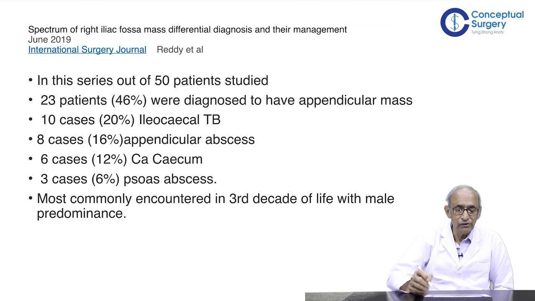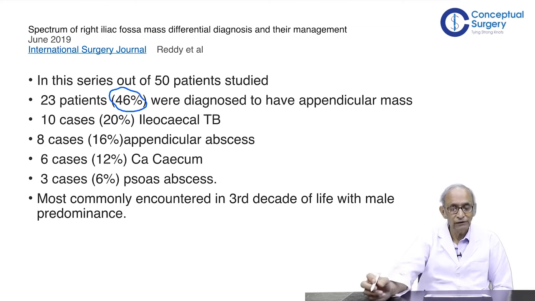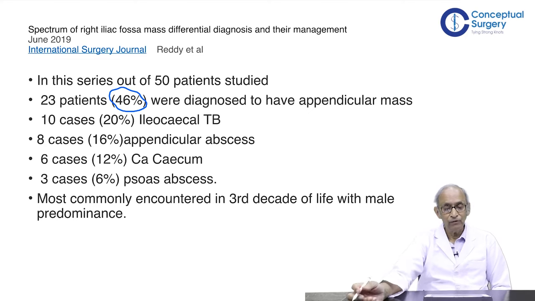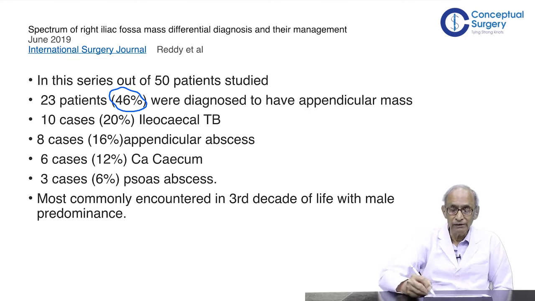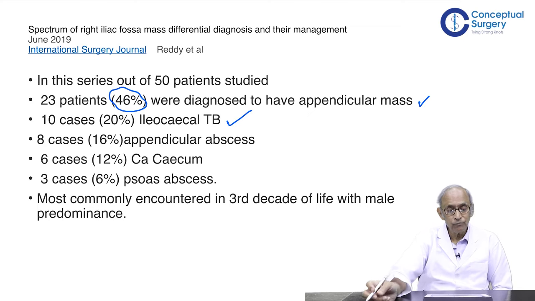They found something interesting, that almost 46% of masses, that means around half, are actually related to the appendix, right, appendicular masses. And about 20% of them is ileocecal TB. So look at the incidence, substantial incidence.